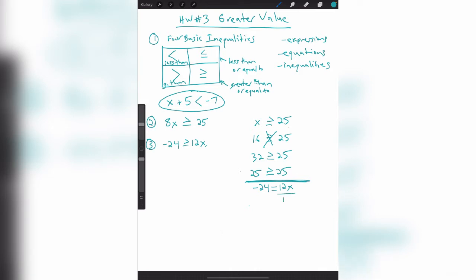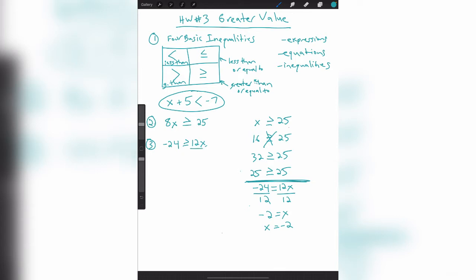If I were to divide each side by 12, I would get negative 2 is equal to x, which is the same thing as saying x is equal to negative 2. So we're going to solve number 3 just like we would solve this type of problem with one exception, okay? And I'll show you at the end.